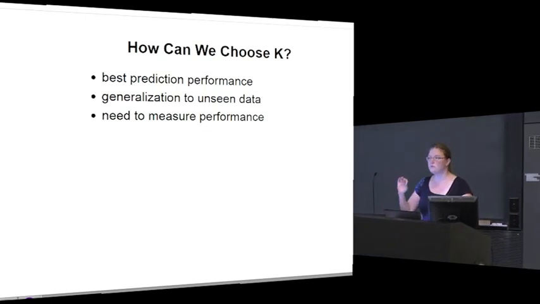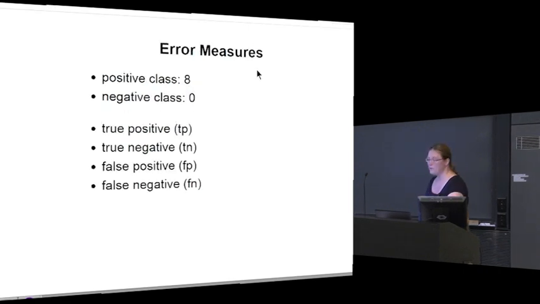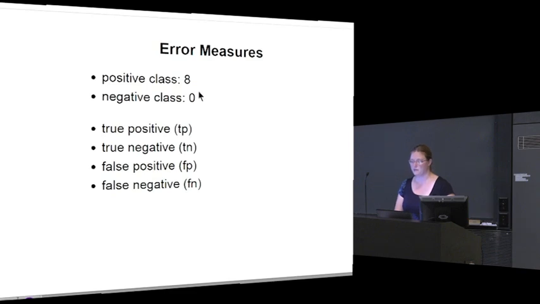And in order to tune k to give me that good generalization performance, I need to measure the performance of k and then choose one. And for that, I need to bother a bit with error measures. So we had a two-class problem here in the end. We had a class 8 or class 0, depending on what digit it was. And for binary classification, there are these 4 cases that can happen. You can have a true positive prediction.